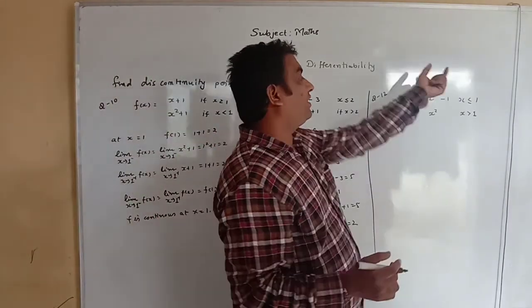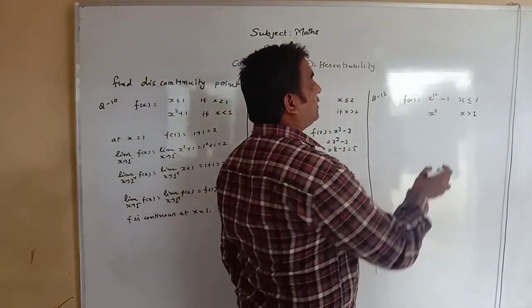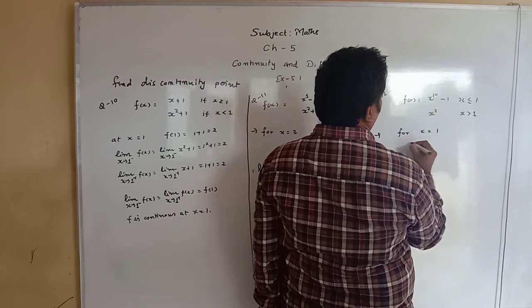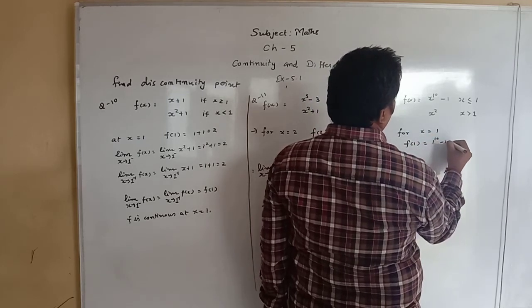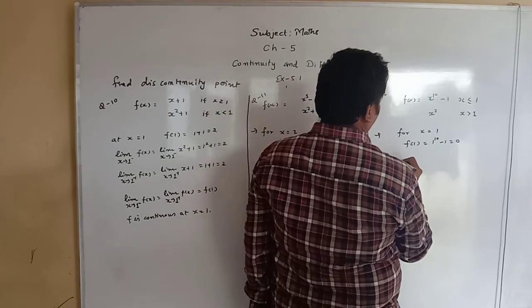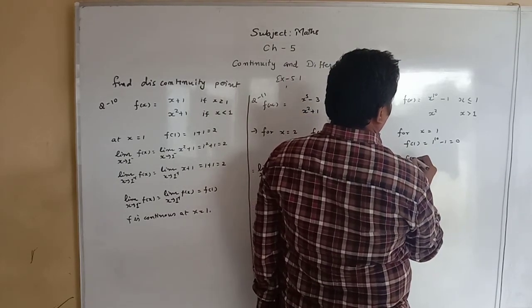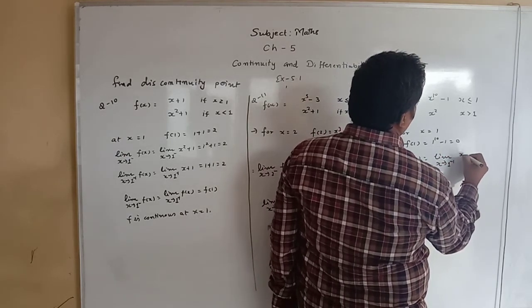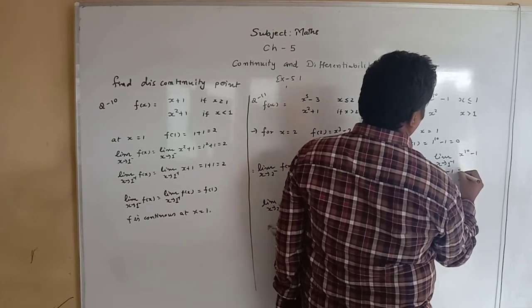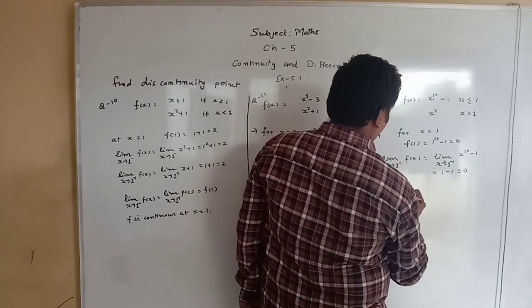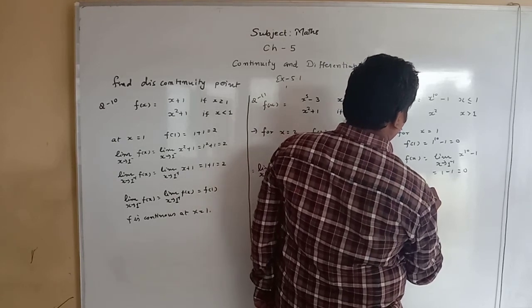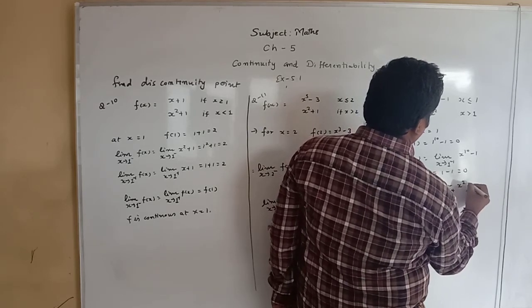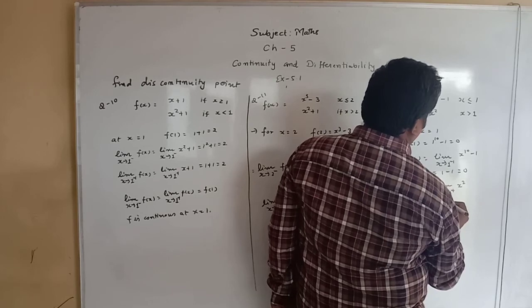Now question 12 is given: x to the 10 - 1 for x less than or equal to 1, and x square for x greater than 1. So here it is changing at x = 1. For x = 1, we calculate f(1) = 1 raised to 10 - 1, which is 0. Now the limit as x tends to 1 minus of f(x) is x to the 10 - 1, which is 1 - 1 = 0. The limit as x tends to 1 plus of f(x) equals x square, which is 1.